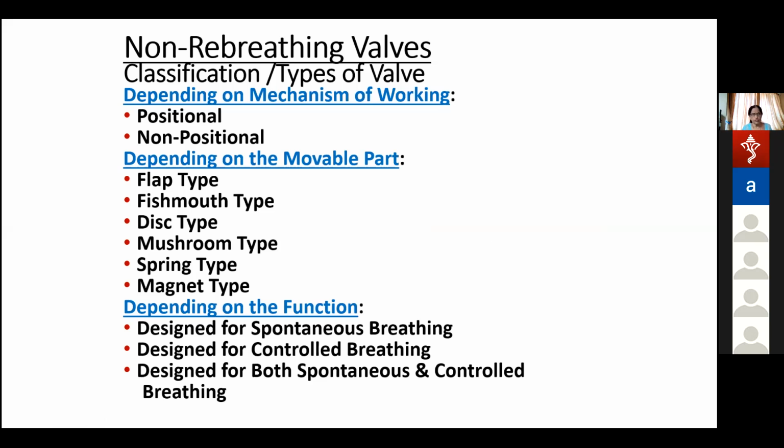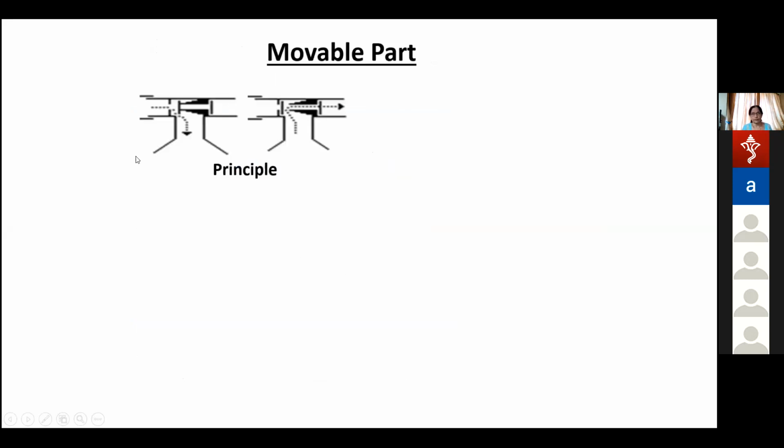So whenever you talk about it, you start like that, whether it's a positional valve, what type of valve? Say you are given a Laerdal valve, you must call it a fish mouth type valve. Mushroom type, you may call it an Ambu valve. Spring type, magnet type, you are given a Mitchell valve. And whether you can use it for spontaneous breathing or controlled.